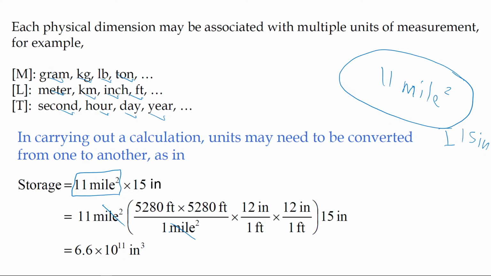Basically I know that 1 mile length is equal to 5,280 feet. So 1 mile cubed would be this guy times this guy, because you get feet cubed here. This will go away with this because 1 mile is equal to this. 1 mile squared would be equal to this.